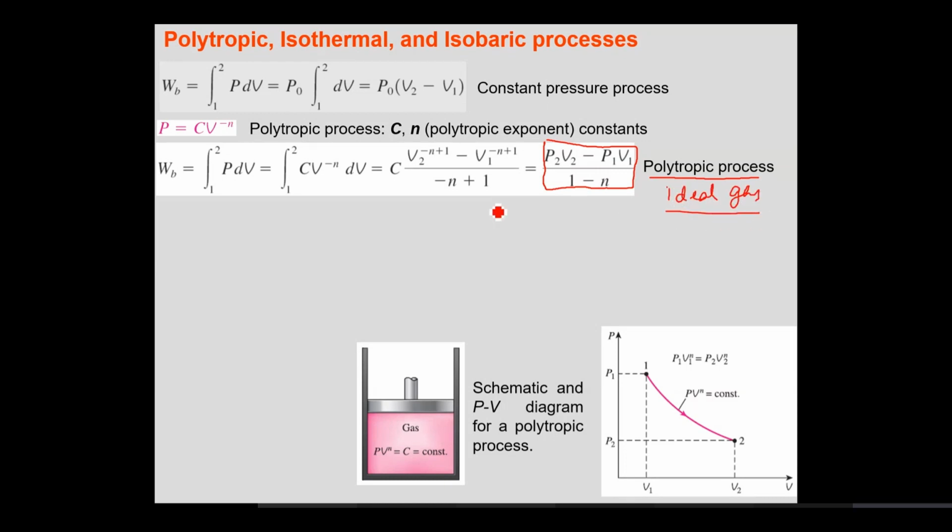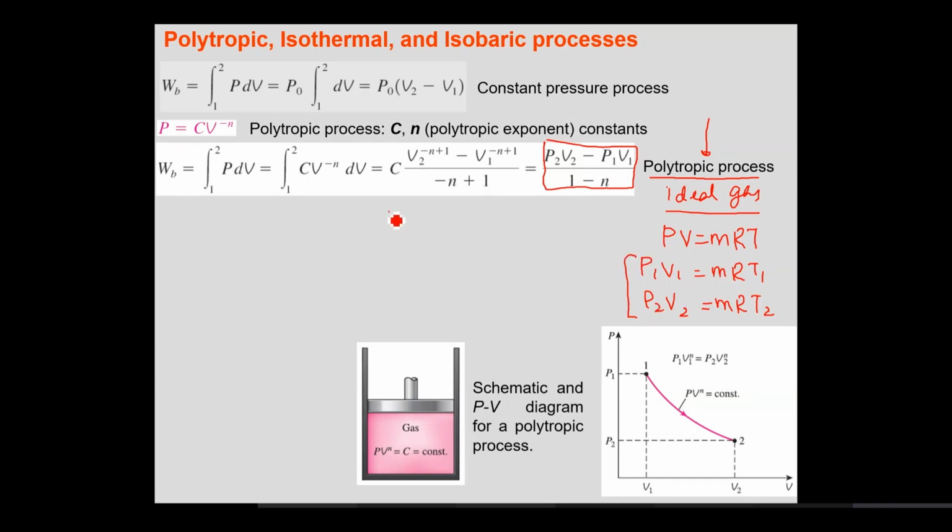This is a further classification: the fluid undergoing expansion or compression under a polytropic process is an ideal gas. So for an ideal gas, I know that PV is equal to MRT. I can say for state 1, P1 V1 equals MRT1, and for state 2, P2 V2 equals MRT2. Is this clear?